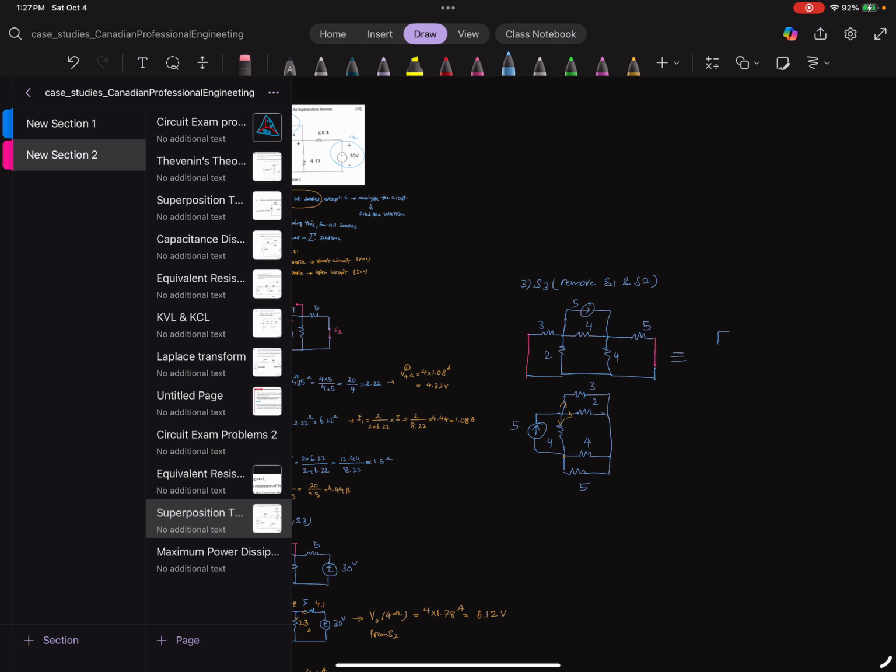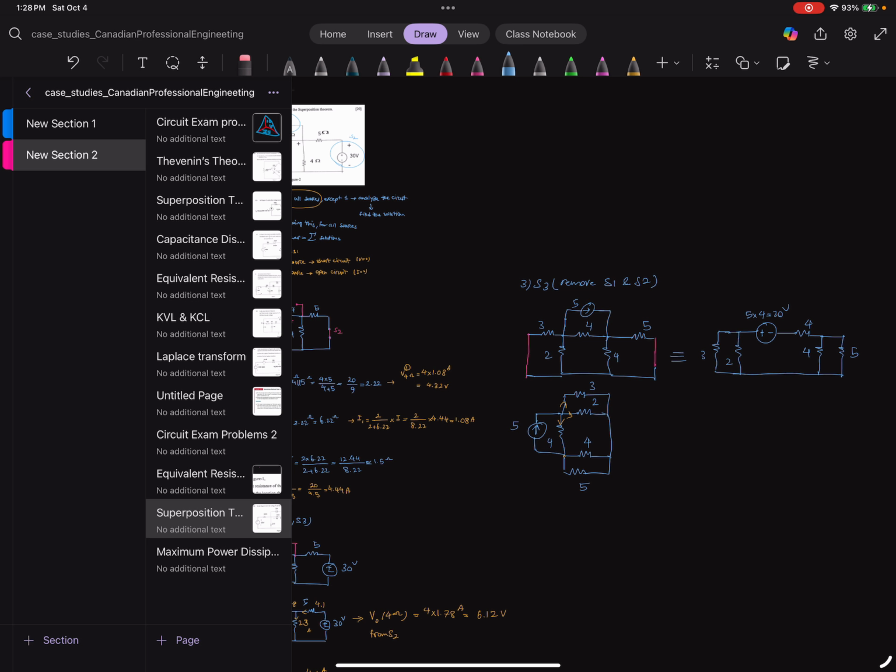So we have 2 ohm, and then we have a voltage source, plus minus, 5 multiplied by 20 volt, and then 4 ohm, and then 4, 5.